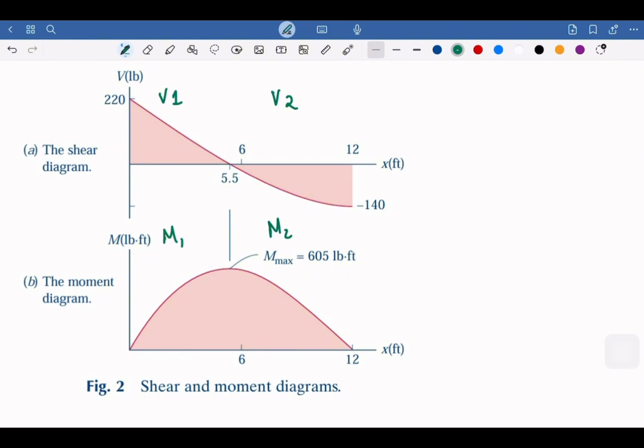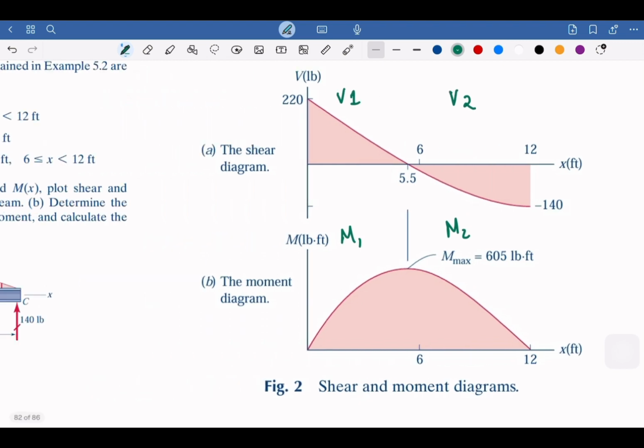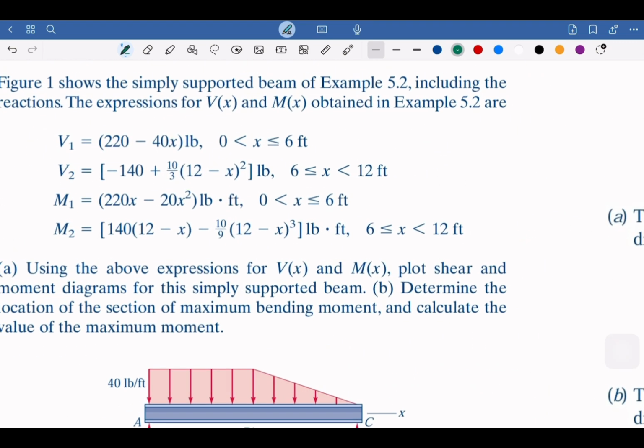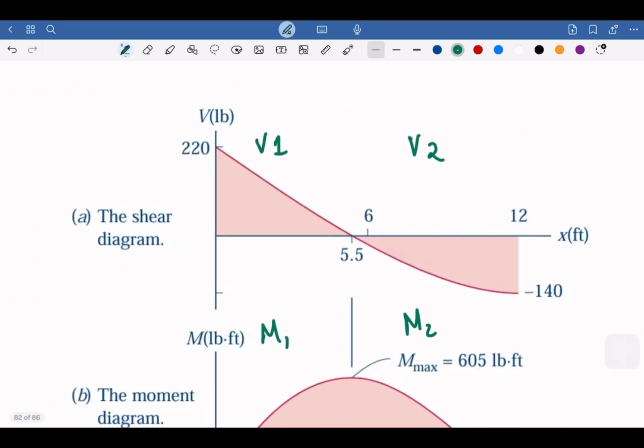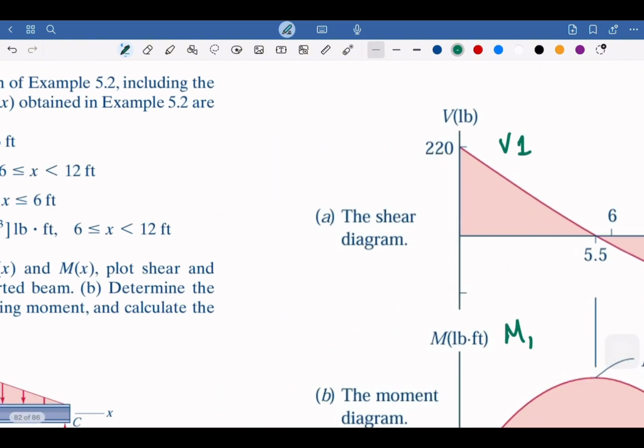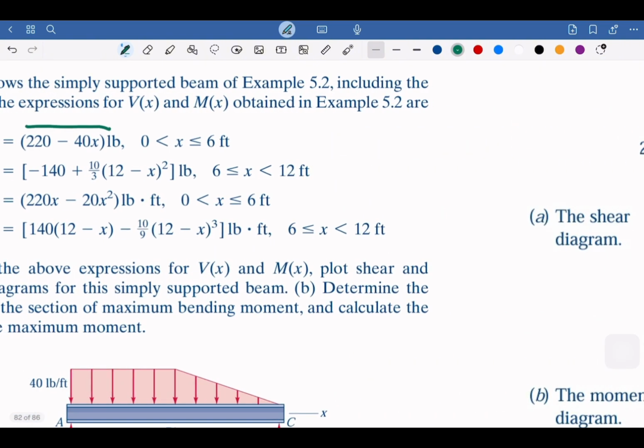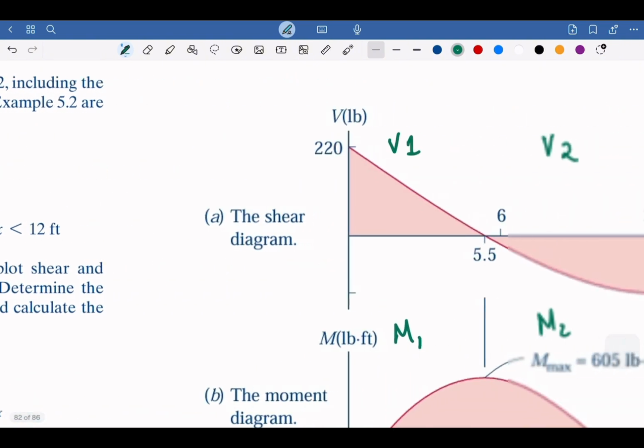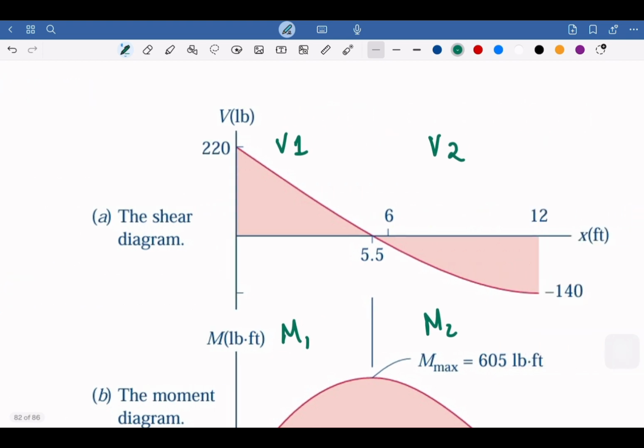If we look at element 1, the shear force is a linear equation, which has 220 as the max, and then it goes down by negative 40 multiplied by x.